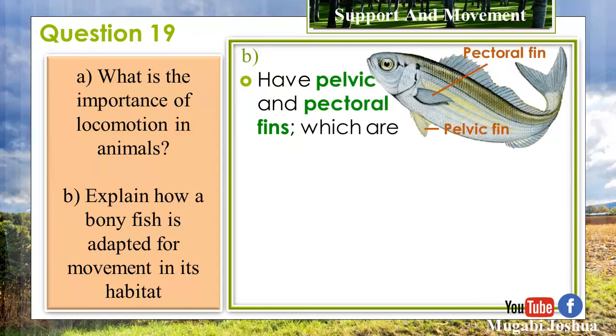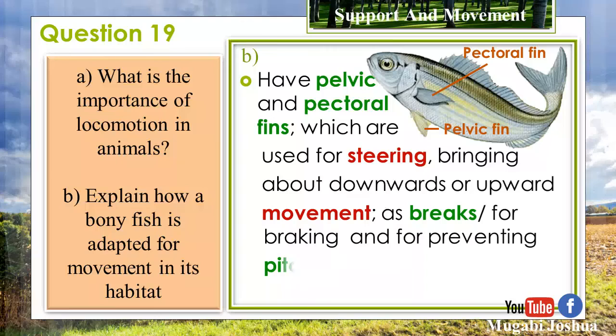The fifth point is that they have the pelvic and pectoral fins, which are used as steering, bringing about forward and upward movements. They can also act as brakes, preventing the pitching movement.